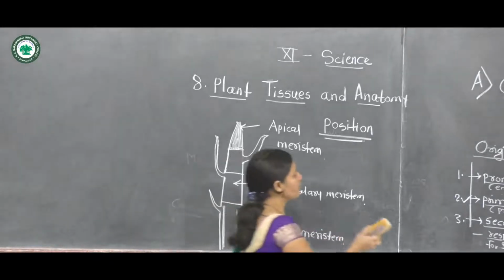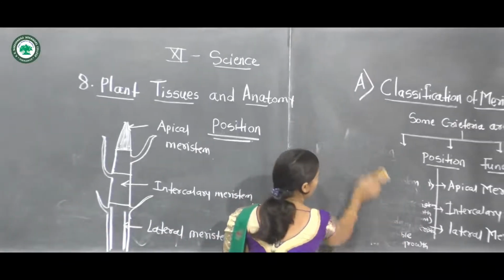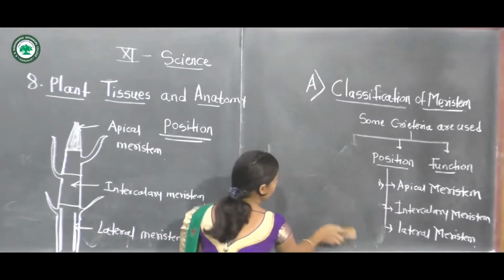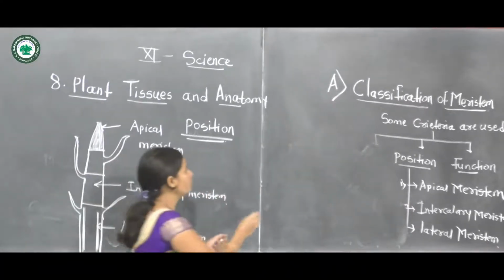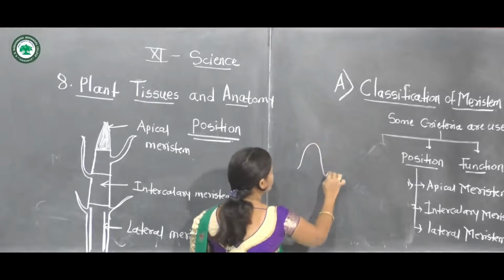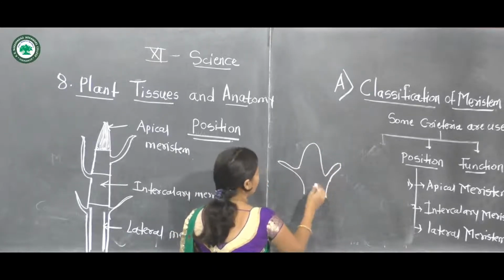Now this apical meristem is present at the apices, the apical region.